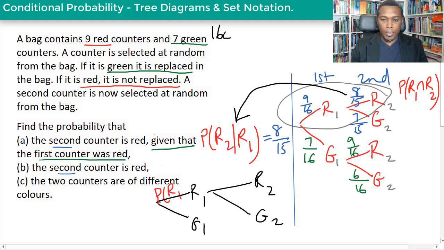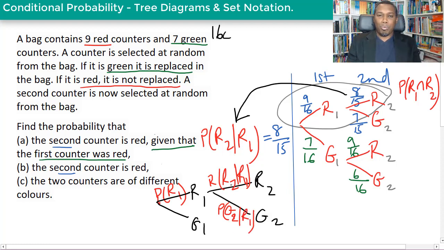Probability of red 1, that's being represented by 9 on 16. And then the probability of getting red 2, given that you got red 1, is what's being represented by 8 on 15. This probability branch here, which is 7 on 15 in the diagram, is the probability of green the second time, given that you got red the first time.